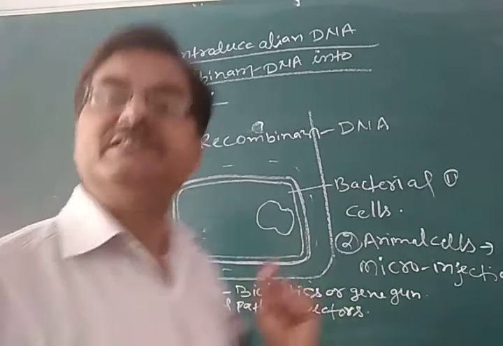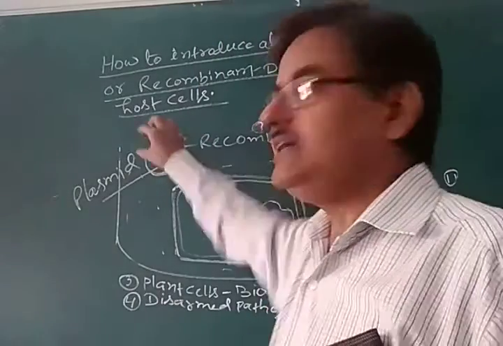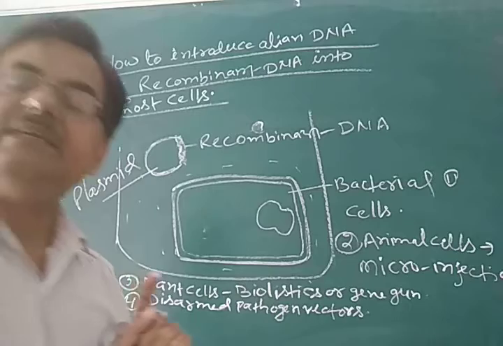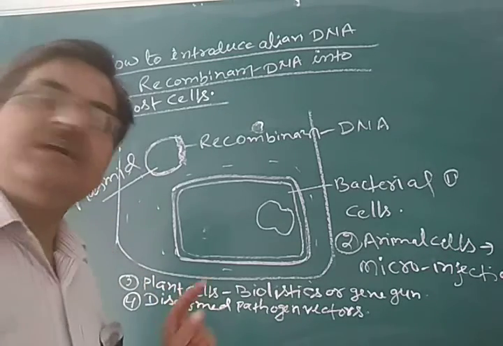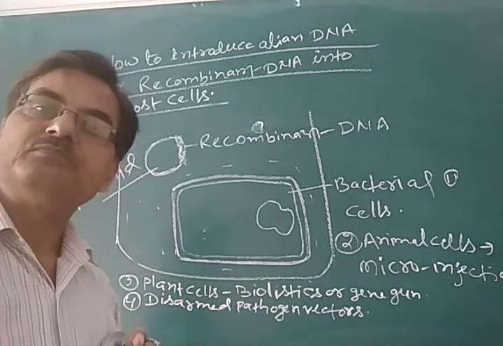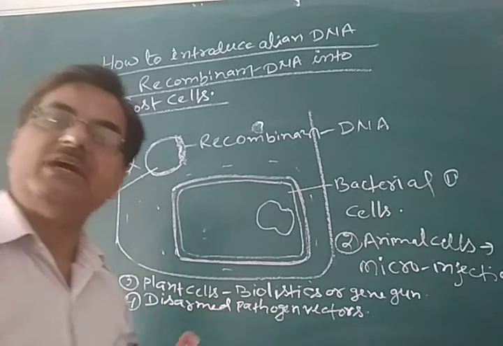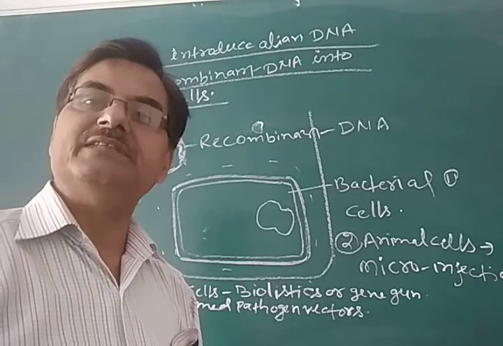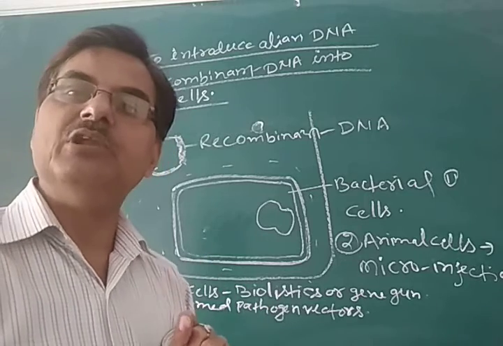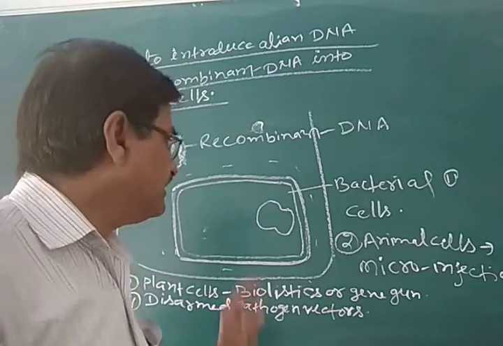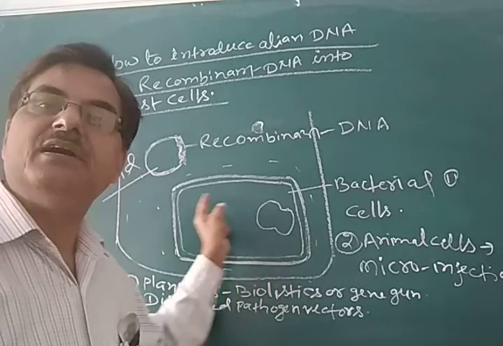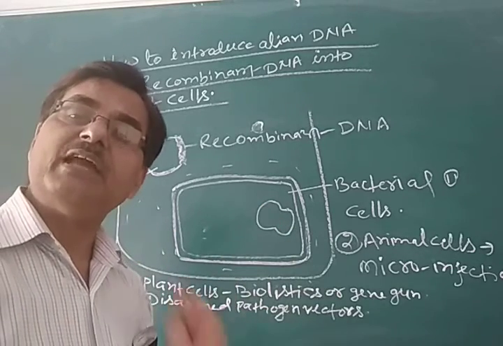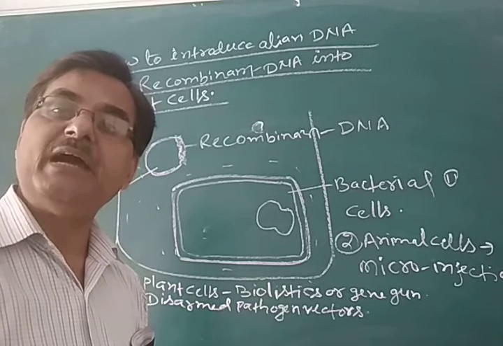But the problem is that this DNA is, first of all, a negatively charged molecule. Second, it is a hydrophilic molecule, while you know that the plasma membrane of cells consists of lipid and protein.